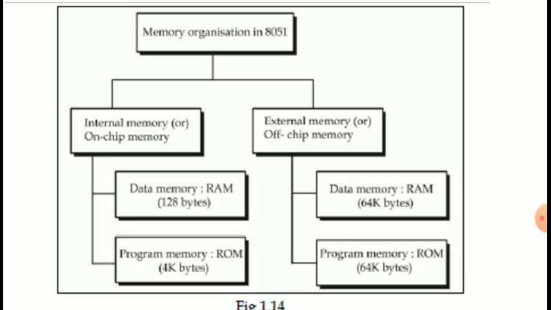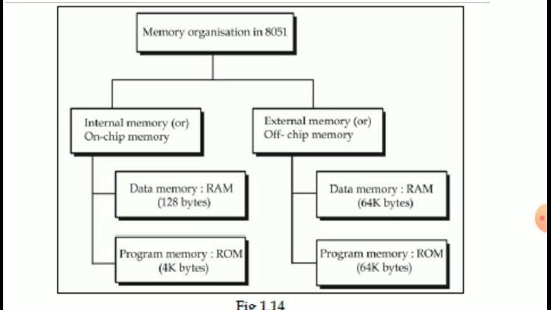I hope everyone has completed this tree diagram. Now just read the blocks. On the top we have memory organization in 8051. To the left we have internal memory, or on-chip memory.